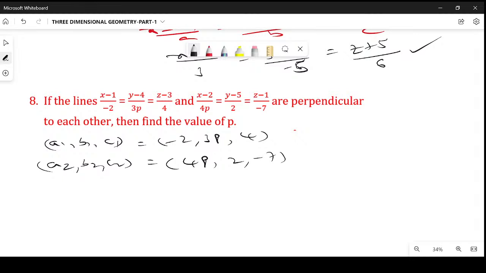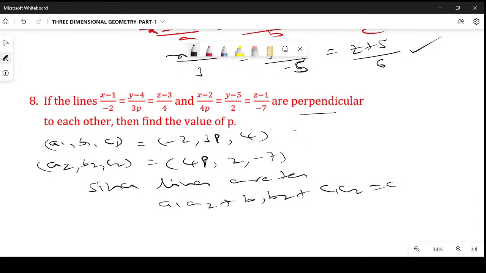Correct. Since the lines are perpendicular, we have the property a1 a2 plus b1 b2 plus c1 c2 equal to 0, or we can write l1 l2 plus m1 m2 plus n1 n2 equal to 0. Both ways you can use this.